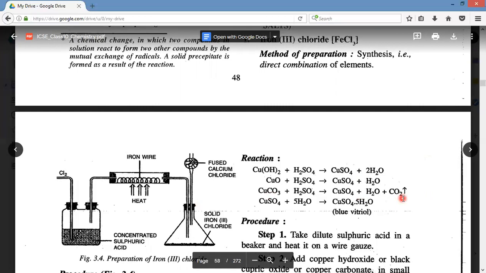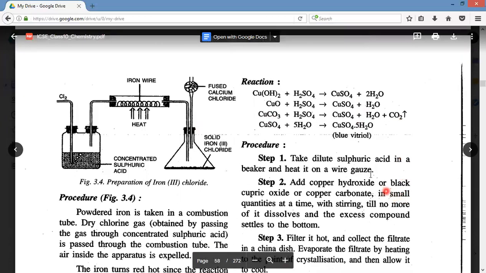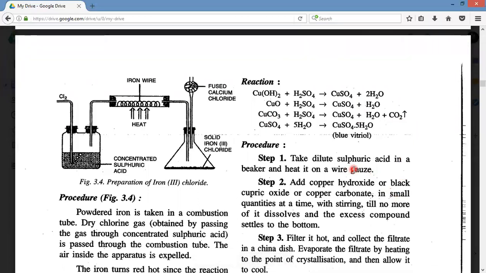Now, how is the procedure going on? First of all, we have to take the dilute sulfuric acid in a beaker and heat it properly with the help of the wire gauze. After that, in another beaker, we have to take the copper hydroxide, approximately 5 grams.